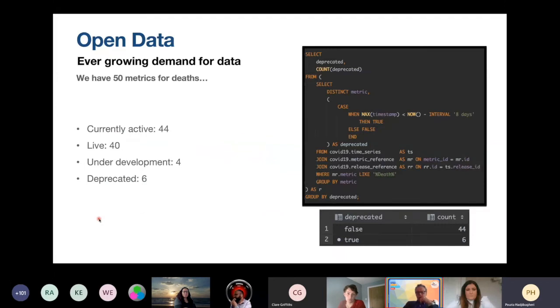And there's an ever-growing demand for data, as I mentioned earlier. We currently have 44 active metrics for deaths, of which 40 are live. So 40 have been published, 4 are under development, and 6 have been deprecated.